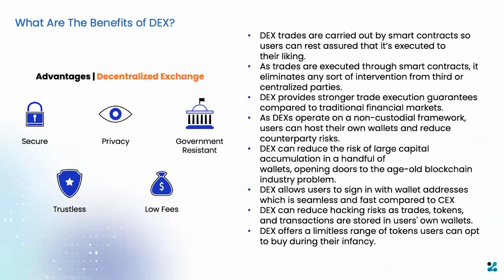So what are the benefits of using a decentralized exchange? One is, of course, security. By security, we mean that you hold the custody of your funds at all points of time. So there is not going to be a scenario like in the case of FTX, where the funds of the users, which were actually a liability for the platform, were being misused.